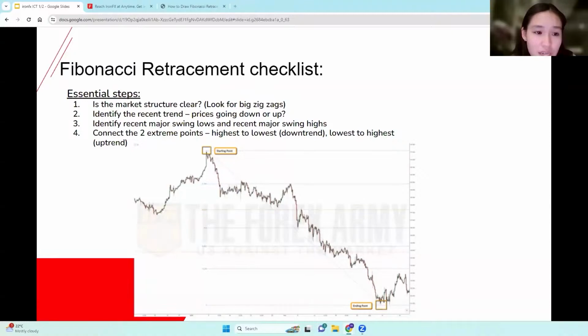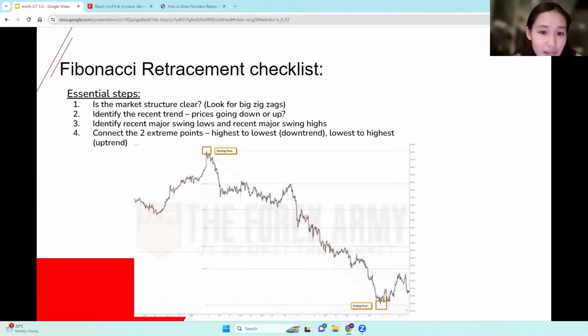So this is a Fibonacci retracement checklist. Firstly, you want to see: is the market structure clear? We showed you previously how to identify a clear market structure. Next, we want to look for the recent trend, whether price is going up or down, and it's important to always follow the general trend.